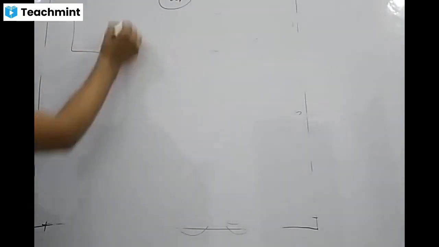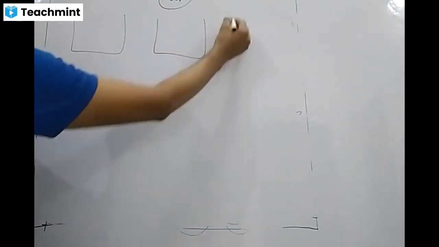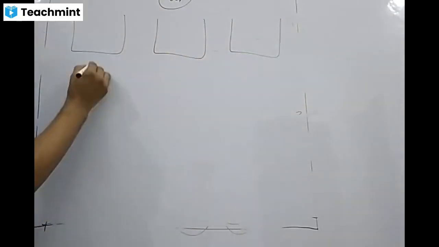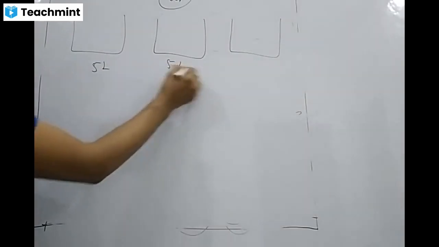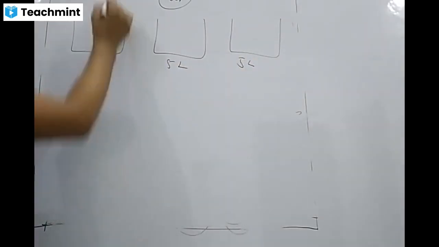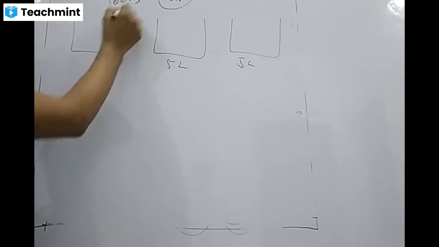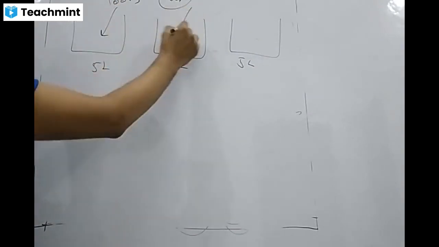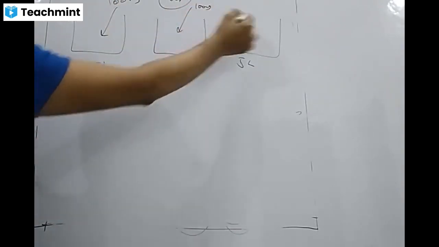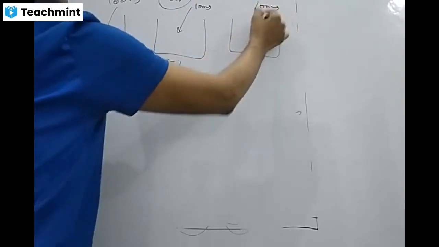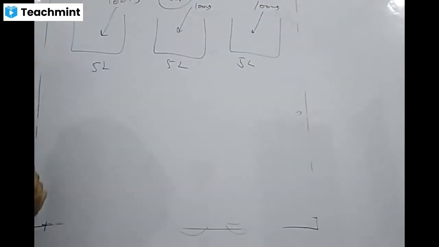So please concentrate here. Suppose there are 3 beakers and the volume is 5 liters each. Suppose I gave 100 mg to each.